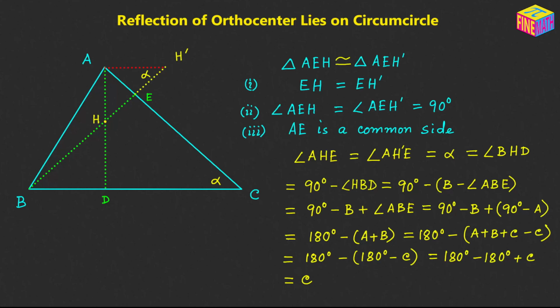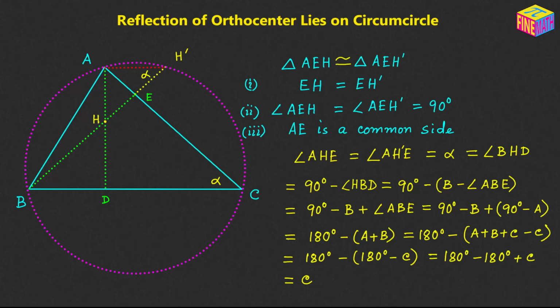Now if we draw the circumcircle for this original triangle, it could look like this. And if you look at this circle carefully, you see the angle AH prime B is the same as angle ACB. We know from the properties of circle that the same chord subtends the same angle on the same side of the circle.